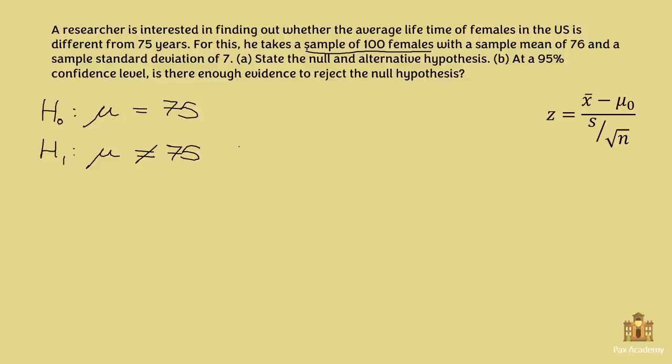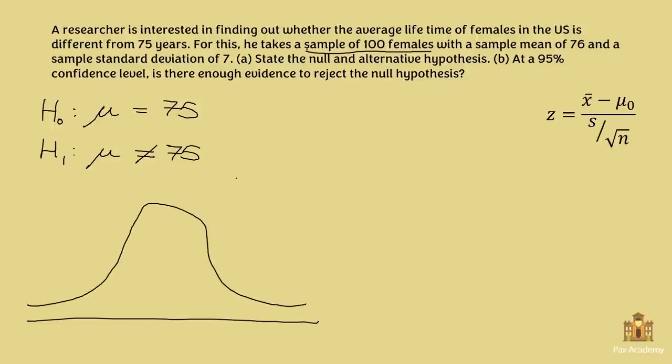Then we need to draw the distribution. In this exercise it says at a 95% confidence level, is there enough evidence to reject the null hypothesis? So what we need to do first is to draw the rejection regions.